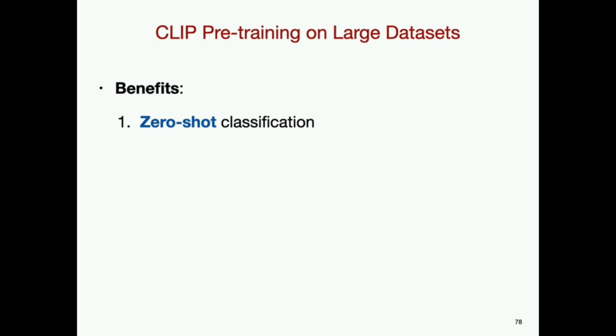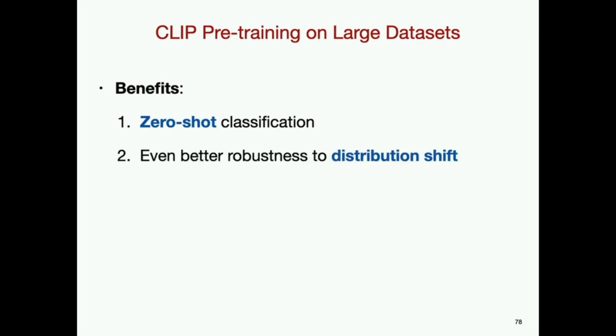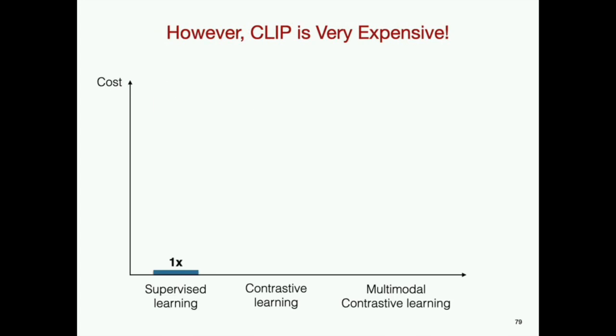As I just mentioned, the benefits of CLIP pre-training on large datasets are zero-shot classification and even better robustness to distribution shift, but this comes at a cost. CLIP requires a lot more data. Going back to the plot we had earlier, we're trying to see what is the cost of training an equivalent model with different learning algorithms.